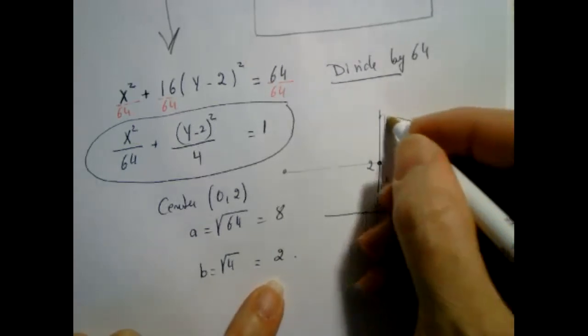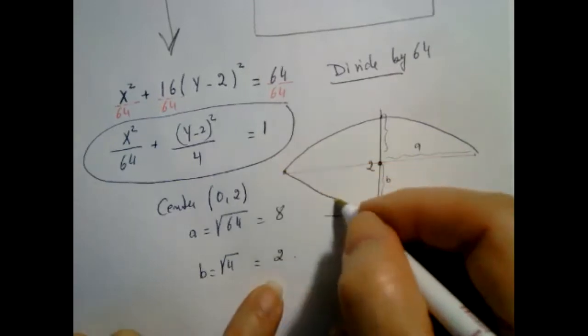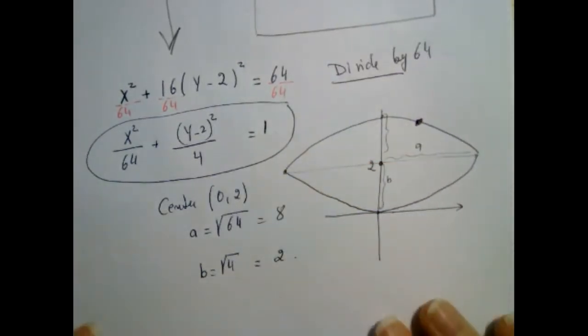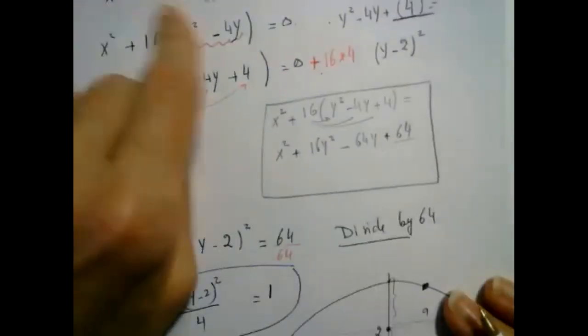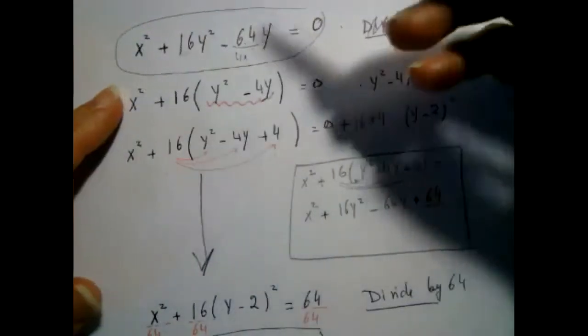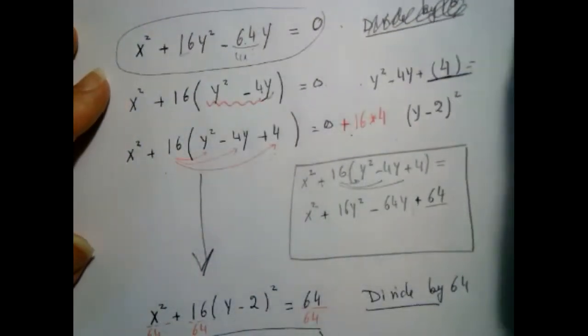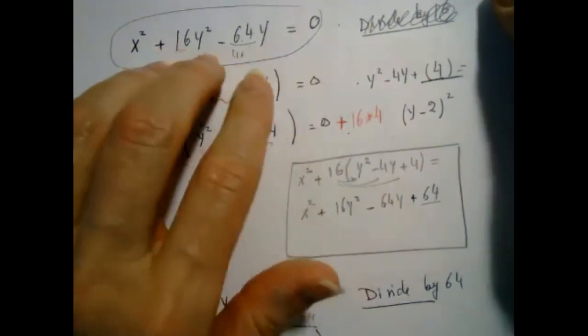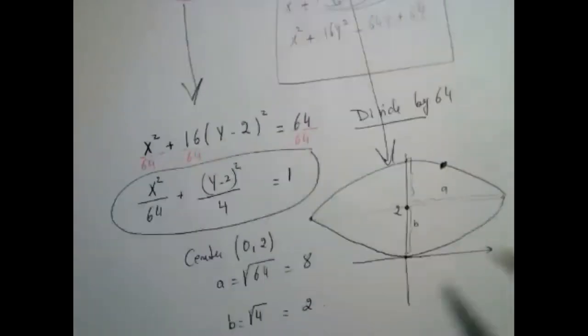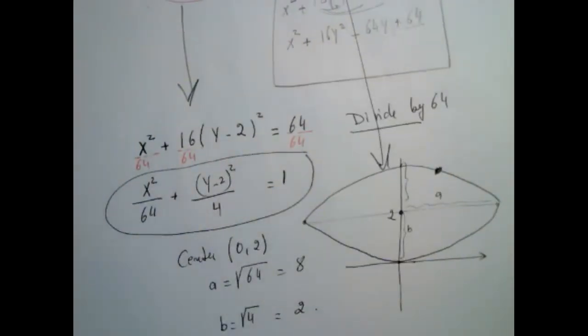That means this is the graph of this equation. It means every point on this ellipse satisfies the original equation. If I draw all the points that satisfy this equation, which is very hard for us, absolutely impossible. But if I sketch all the points x, y that satisfy this equation, I will get this ellipse. All right.